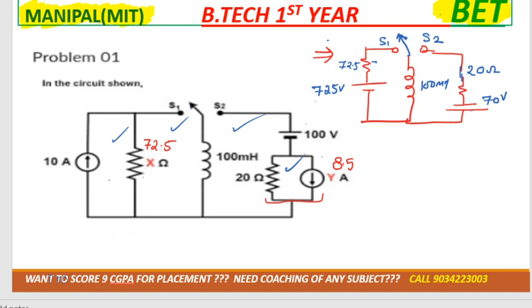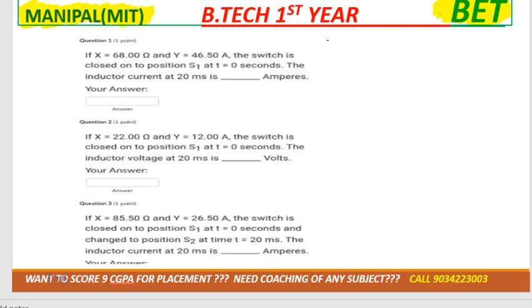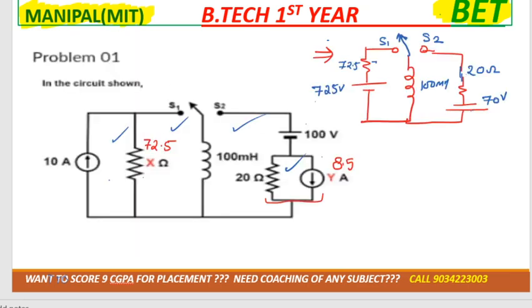Now in the circuit shown, what they have asked is, if x value is this and y value is this, the switch is closed onto position S1 at t equal to 0 second. Okay, so at t equal to 0, the switch is connected to S1, that means before that the switch is connected to S2, correct?